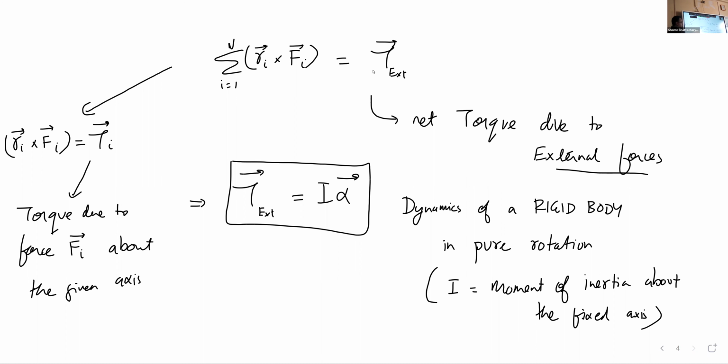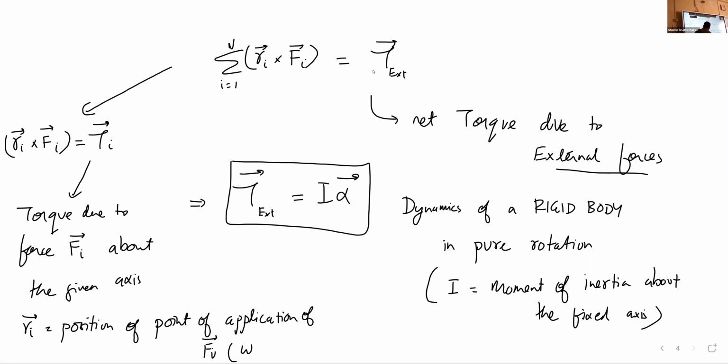So in this, what is Ri? It is the position vector of the point of application where that force is acting, again with respect to the axis of rotation.